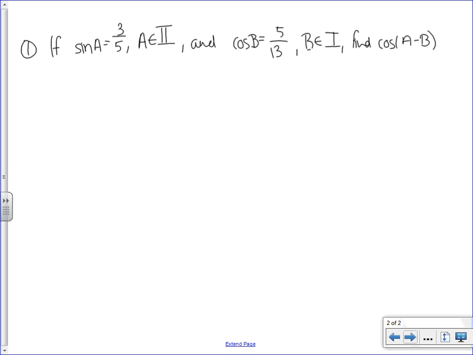So they're telling me the sine of A and where it is, and the cosine of B and where that angle is. In this case, I'm going to use my angle difference identity for cosine. So let's go to work. To find the cosine of A minus B, from the previous page that has all those identities on it, I know that the cosine of A minus B is going to be cosine, cosine, sine, sine, sine.